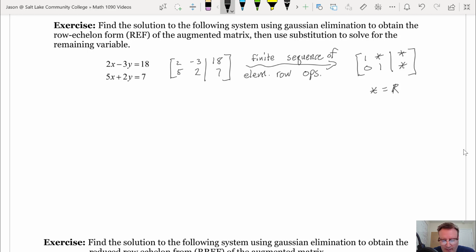So to do that, I'm going to rewrite the augmented matrix here. 2, -3, 18, 5, 2, 7. Okay, and let's see. I want to make this 5 here into a 0.